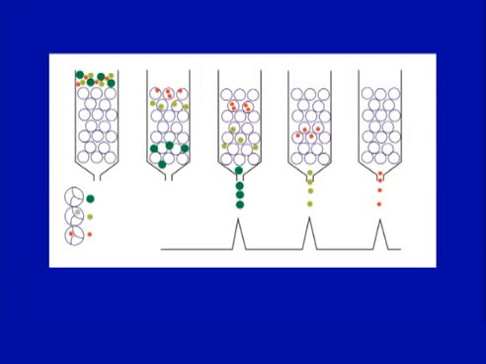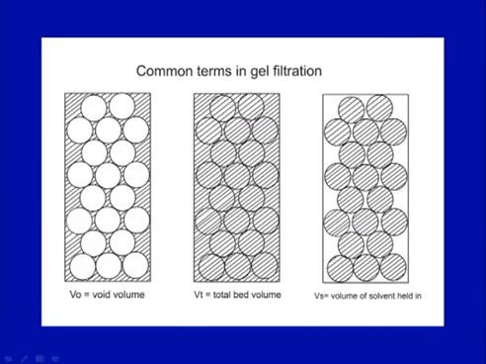So, in a very simple way, this explains the whole basis. Now, what are the different terms in columns? If you see here the shaded part, this is called the void volume. It is the volume outside the support matrix. This is the total volume, which takes both the volume occupied outside the beads and inside the beads, that is the total bed volume.